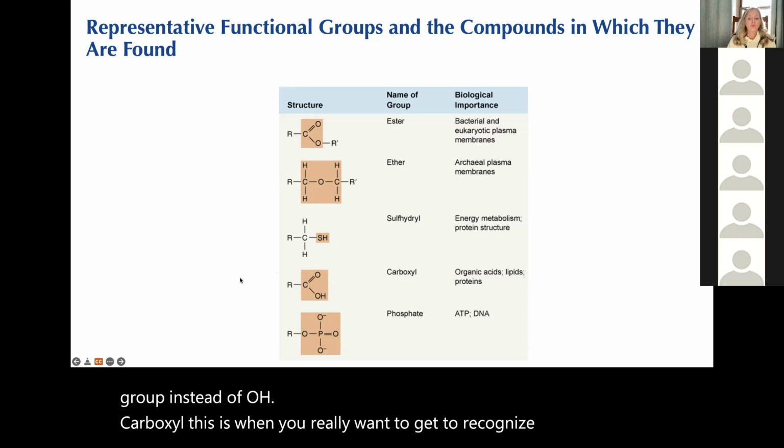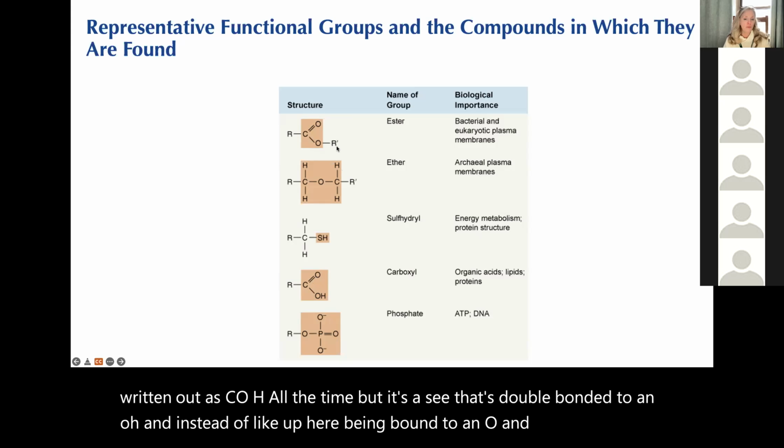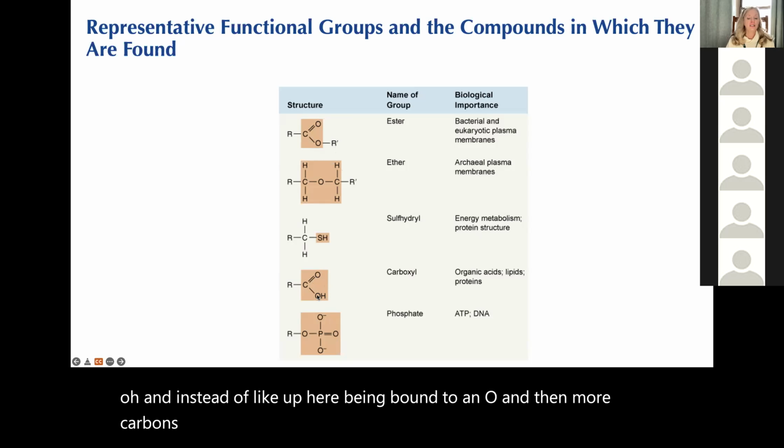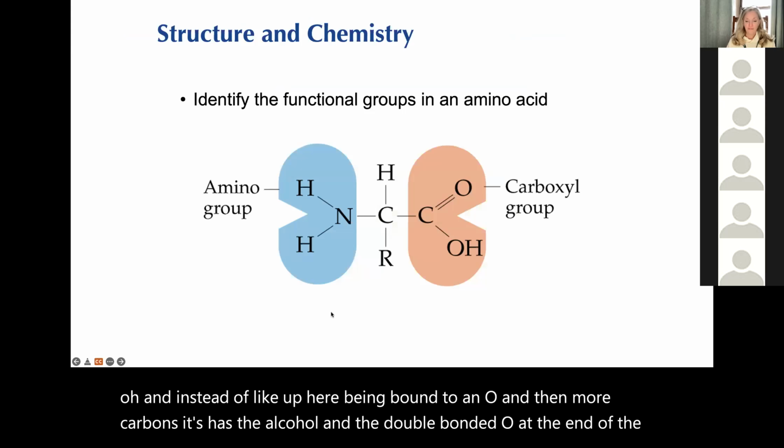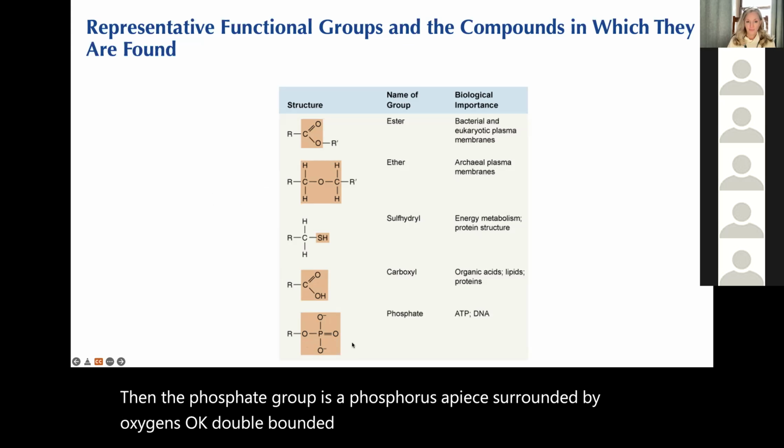This is also written out as COOH all the time, but it's a C that's double bonded to an O, and instead of being bound to an O and then more carbons, it has the alcohol and the double bonded O at the end of the molecule. And then the phosphate group is a phosphorus, a P, surrounded by oxygens, with a double bond there.